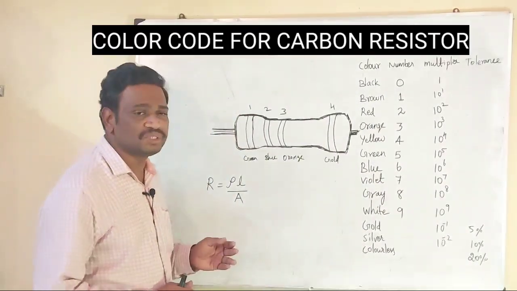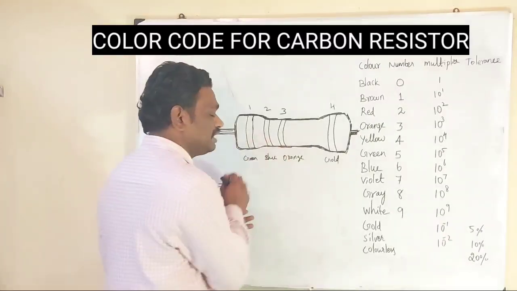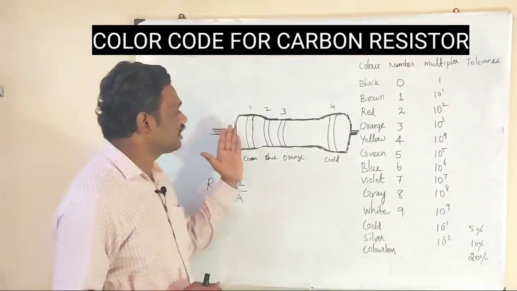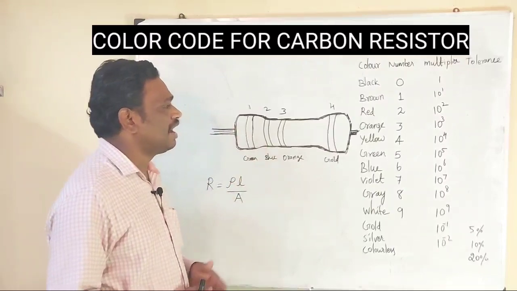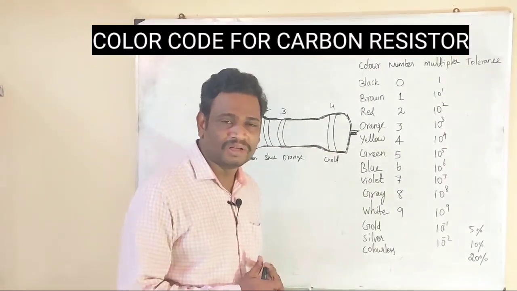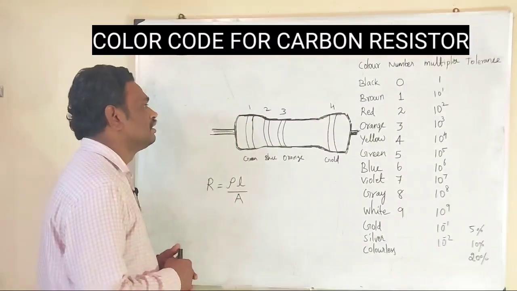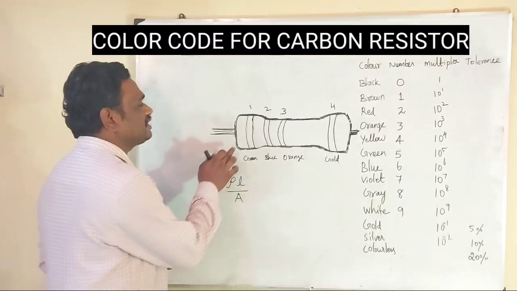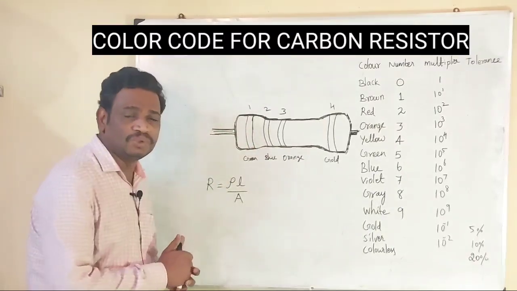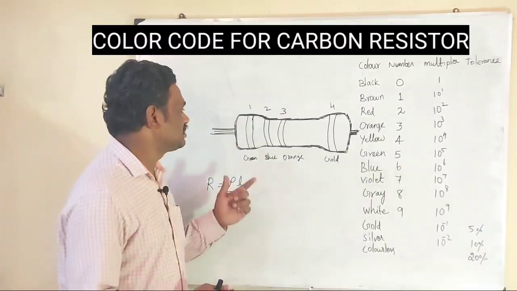The resistance of the carbon resistor is indicated by three color rings, and the tolerance is indicated by the fourth color ring. Tolerance means the variation in resistance. Here the first two rings, ring 1 and ring 2, give the significant figures of the resistance.